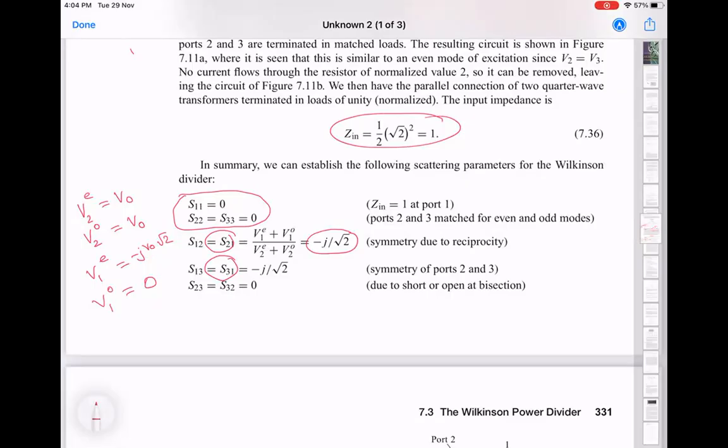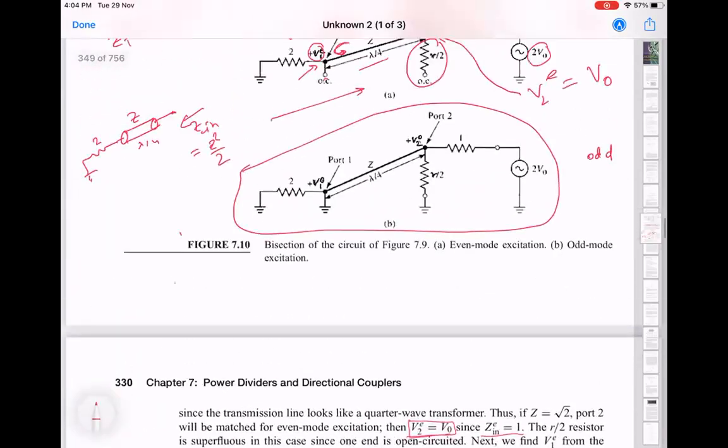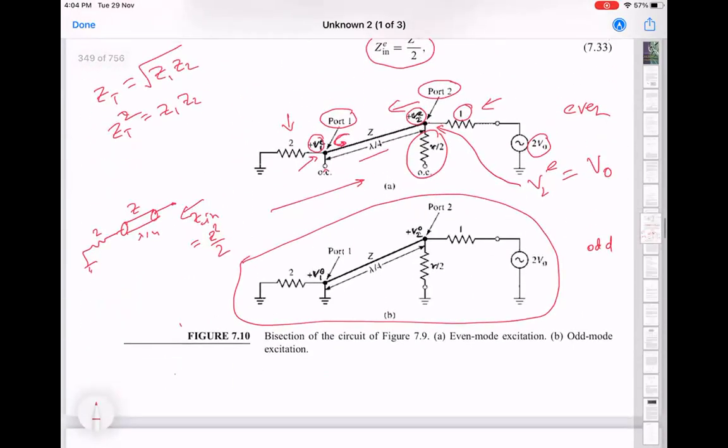And the last part is related to the isolation part. That S23 and S32 are 0. Why is that? Because in the case of even mode excitation, this middle point here is open. So the other circuit is sort of disconnected, the lower half. And the lower half contains what? It contains port 3.